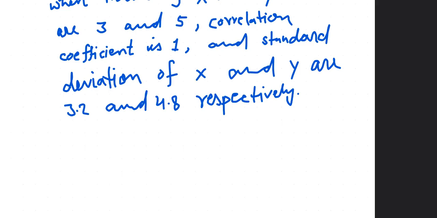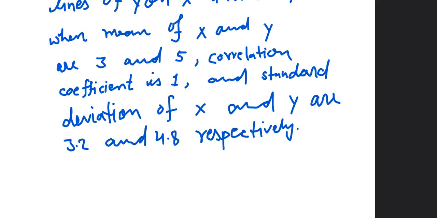And I'll tell you one another way for linear regression or regression line. If they ask you only to find the linear regression or regression line, not of y on x or x on y, and they give you data, then you can find it in another way.